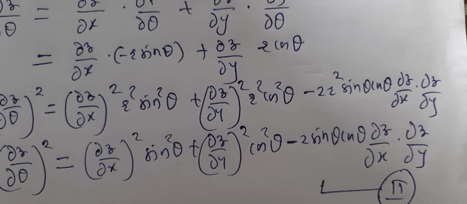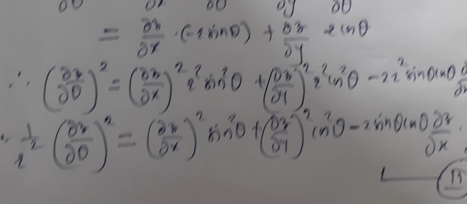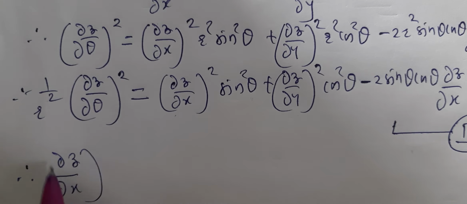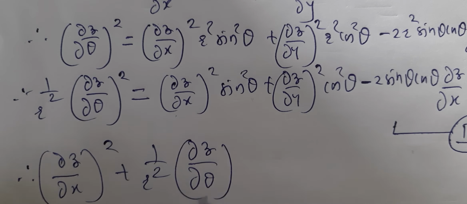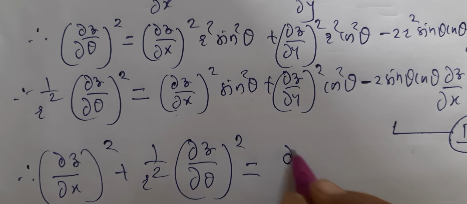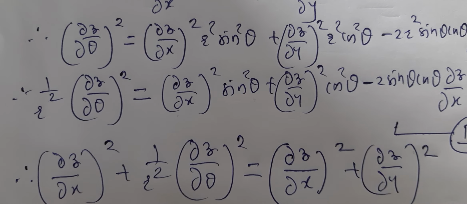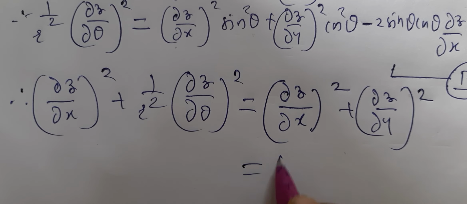So when you add these two, what we are adding is (∂z/∂r) whole square plus 1 upon r square (∂z/∂theta) whole square. You all can try on your own, but still I will complete this. As I told you, after adding we are getting (∂z/∂x) whole square plus (∂z/∂y) whole square, and whatever you have obtained, you can see that is the LHS.